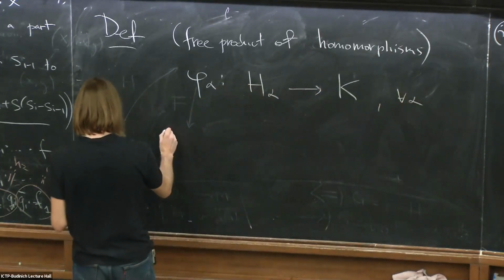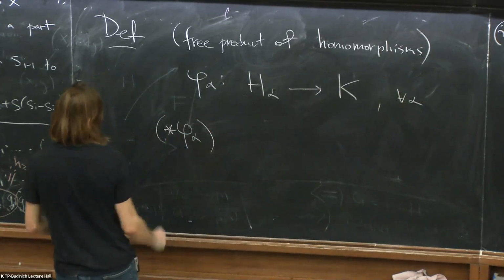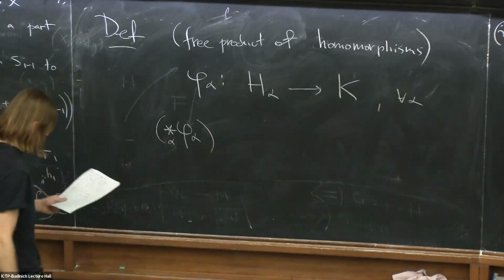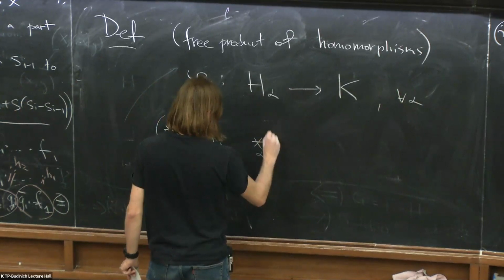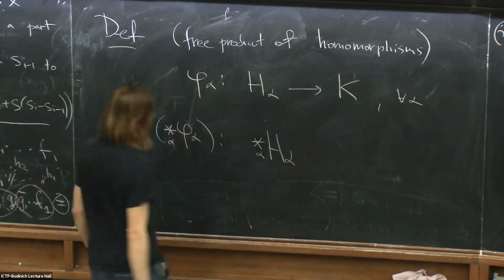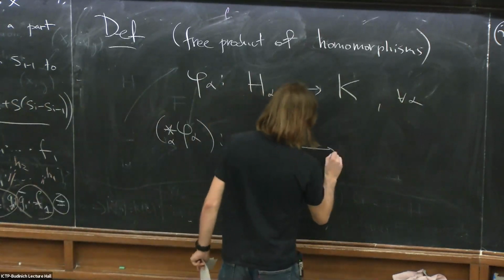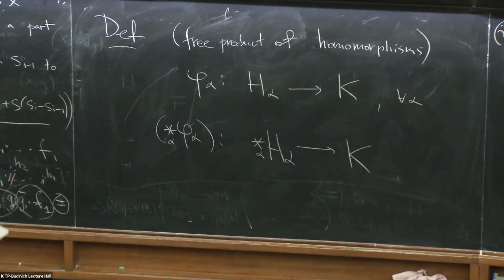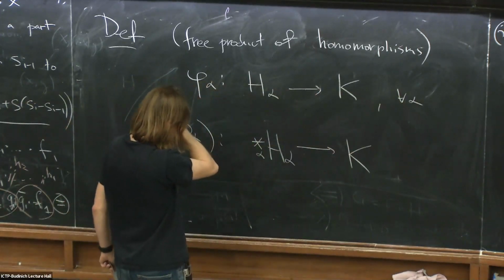Then the free product of these homomorphisms, which can also be denoted by this star, will be a homomorphism from the free product of our H_alphas to K. It's defined as follows.